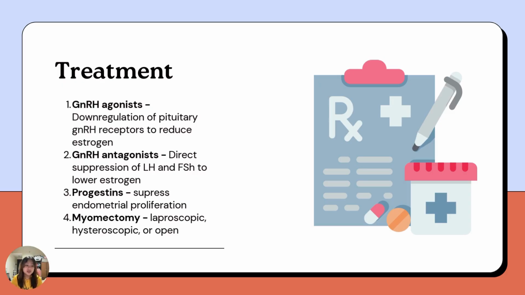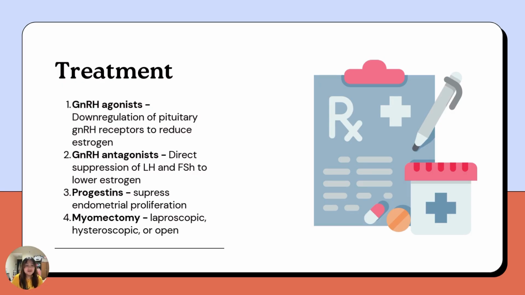Since sabi nga kanina, hormone dependent din si leiomyoma. We also have GnRH antagonists, which directly suppress LH and FSH, leading to lower estrogen, and progestins, which suppress endometrial proliferation and help control bleeding.